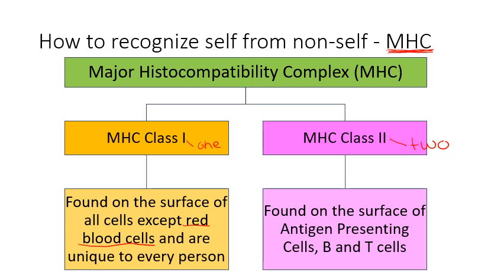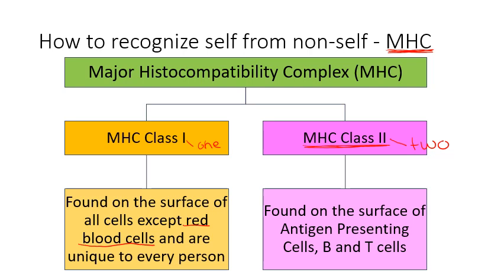Remember, an MHC class 1 marker is a more specific name for describing an antigen, a marker on the surface of the cell that we recognize as self. We also have this category of MHC class 2 markers over here in purple or pink on your screens maybe.